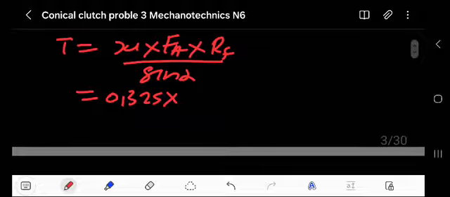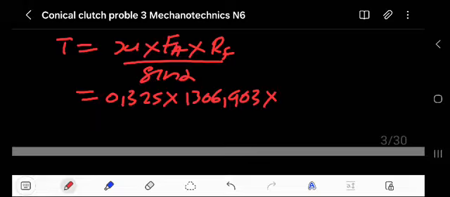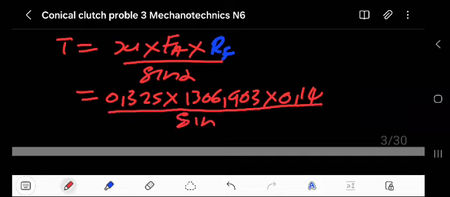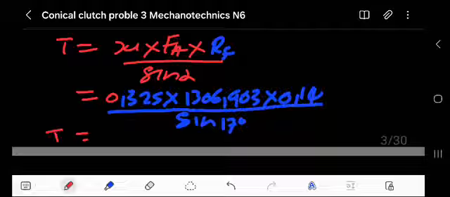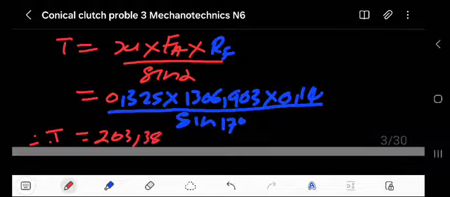Multiplied by Rf, which was 0.14. Then divide by sine of our angle, 17 degrees. Then we punch this and get the torque. What is the torque there? 203.385 Newton meters.